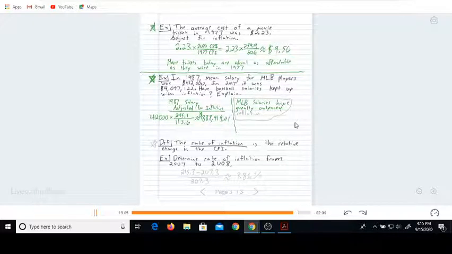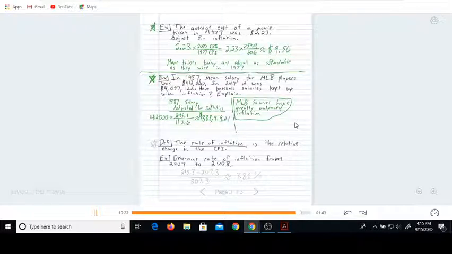In other words, professional baseball players are making way more money today than they used to, even when you adjust for inflation.